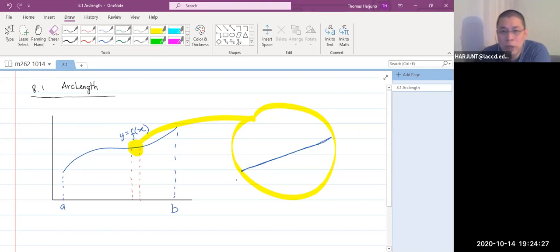We will do it in the following way. We will use the Pythagorean theorem, in which this will be our dx, this will be our dy, and we will call this ds.